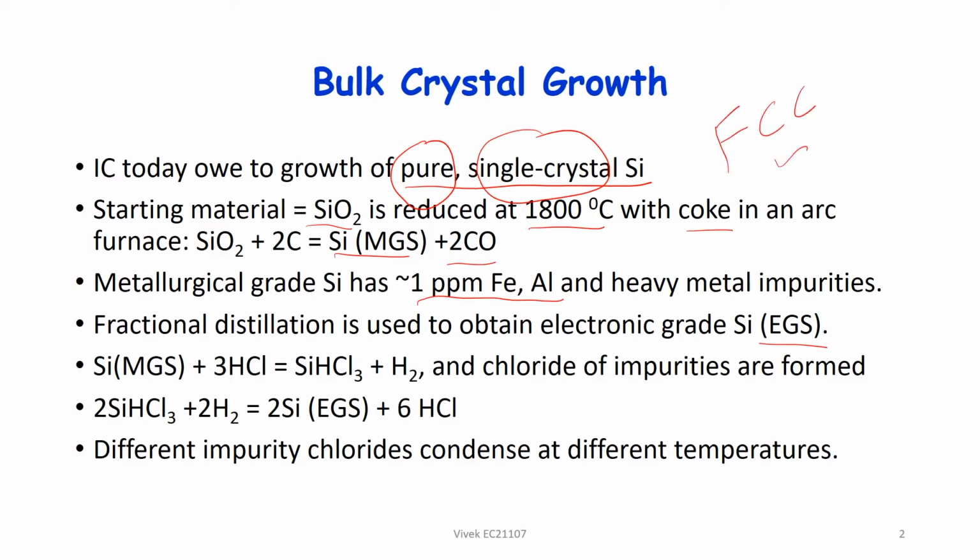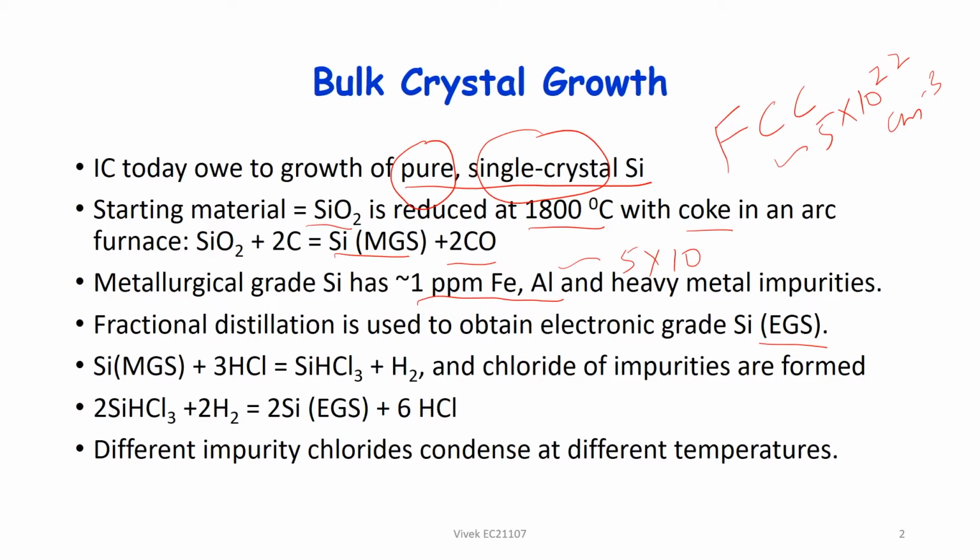We found there are around 5 into 10 raised to power 22 atoms per cubic centimeter. So if you have 1 ppm impurity, that is 1 part per million, that means impurity concentration is around 5 into 10 raised to power 22 minus 6.